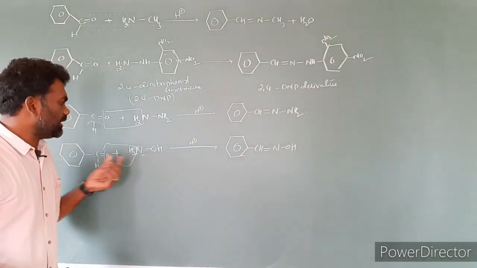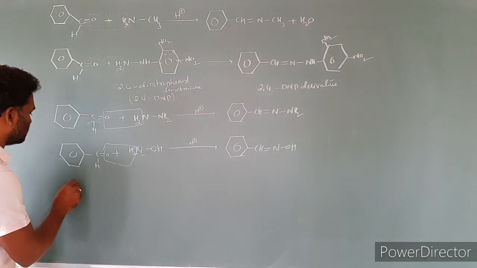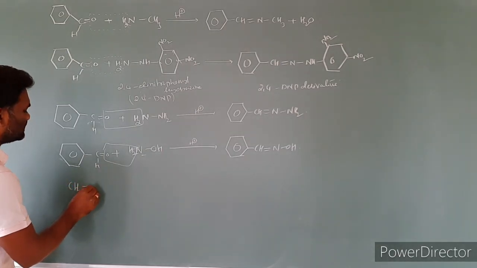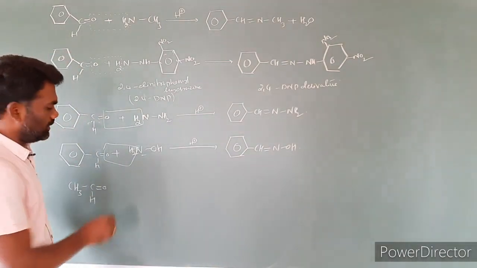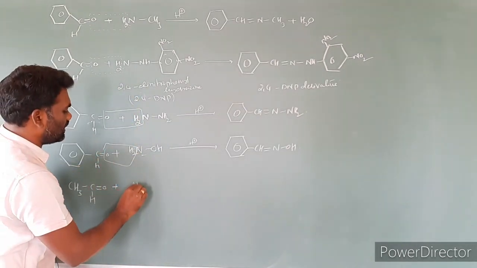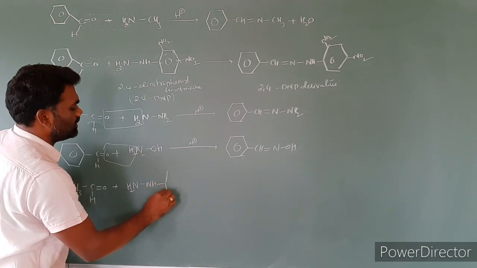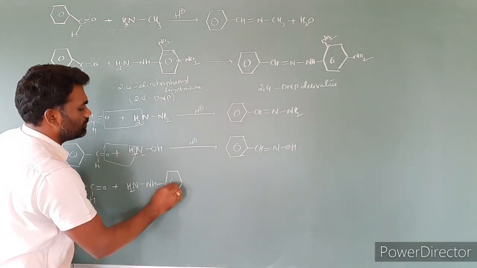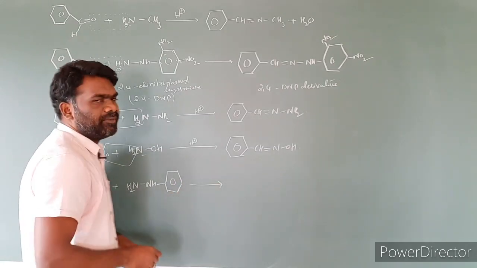We do not need to take only this one aldehyde; you can change the aldehyde. Suppose I am taking the aldehyde CH3 C double bond OH. I took acetaldehyde, so I am taking a different aldehyde. And I am also changing the reagent; I am taking phenylhydrazine, NH2 NH benzene ring. Then what is the product we can expect?